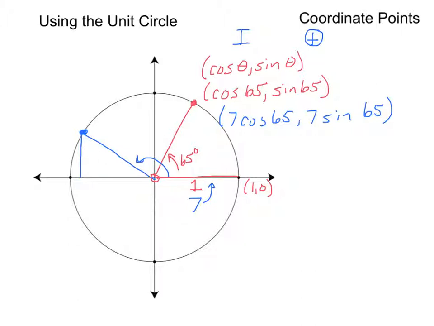So if you think about this, cosine theta, sine theta is just that point right there. The cosine, because it's the x, is going in a negative direction, so that'd be negative. And the sine is positive because it's going upward.